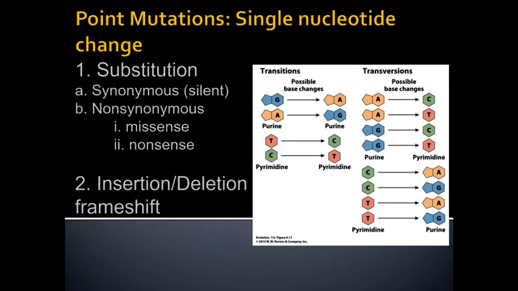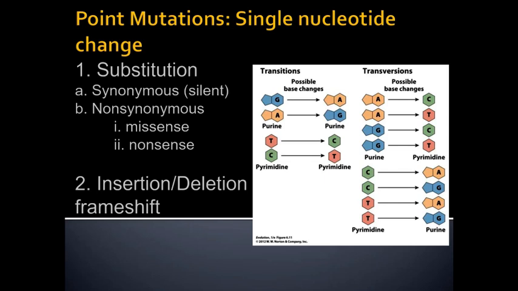So if we change one position in the codon and it changes the amino acid, that is a missense mutation. A nonsense mutation is also changing one position in the codon, but it results in a stop codon. So one amino acid changing to another amino acid, it's non-synonymous because we changed the protein, but that one amino acid change is a missense. If we change an amino acid to a stop codon, it's a nonsense mutation.